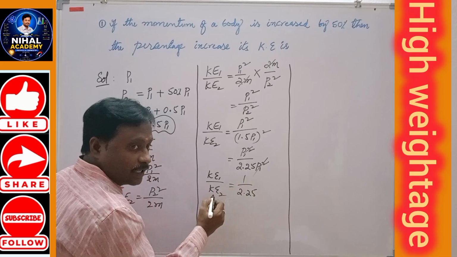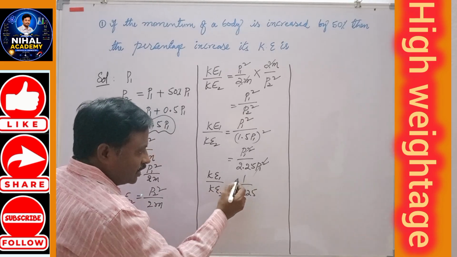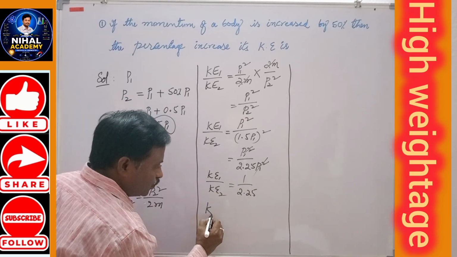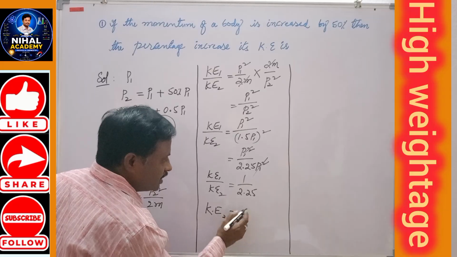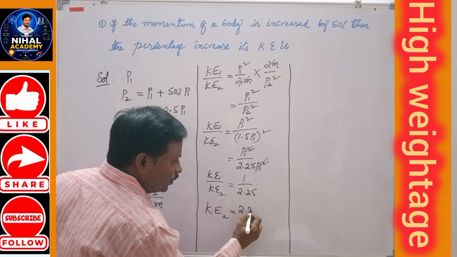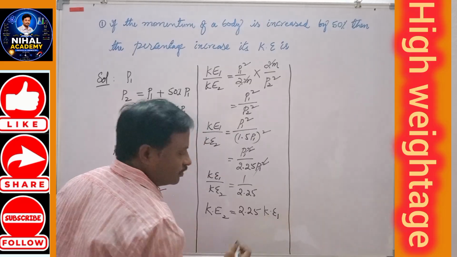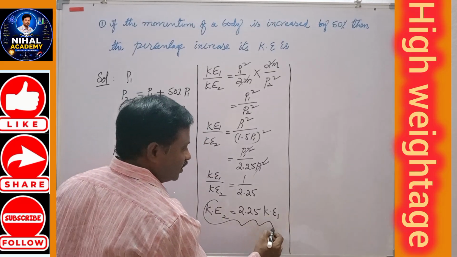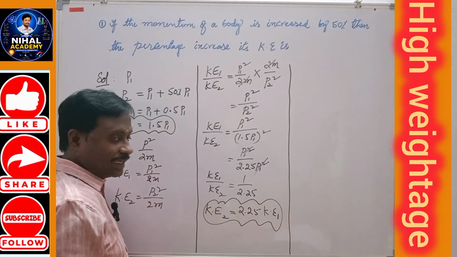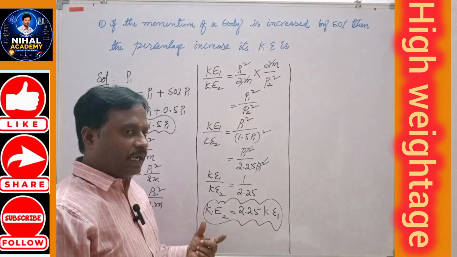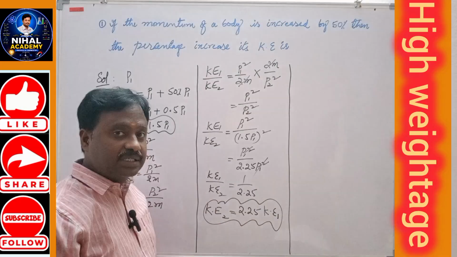From this, how can you write KE2? By cross multiplication, KE2 into 1 is KE2, so KE2 is equal to 2.25 into KE1. So we got the kinetic energy in the second case. Now, how can you calculate the percentage increase?